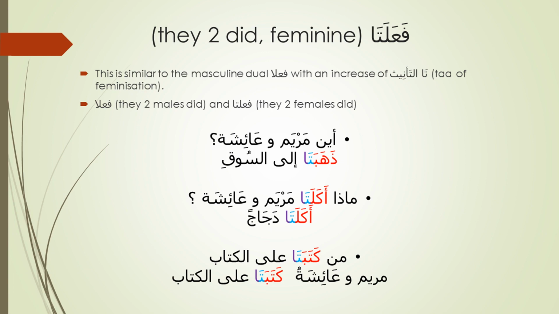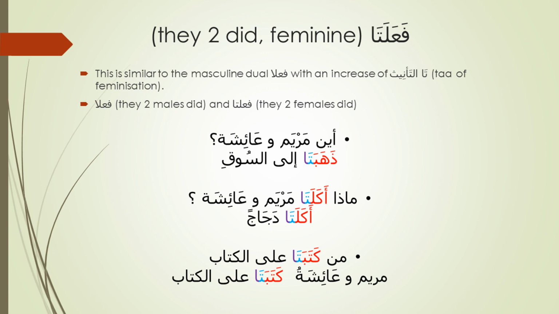And the last one, man katabata al-kitab? Who wrote on the book? Literally I'm saying, which two girls wrote on the book? The answer being, Maryamu wa Aishatu katabata al-kitab.